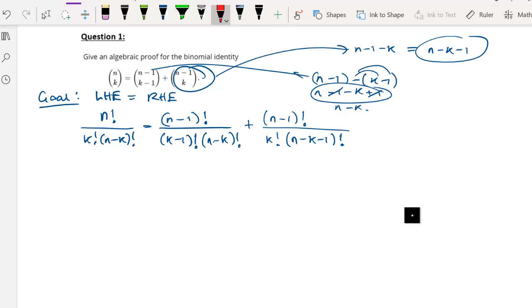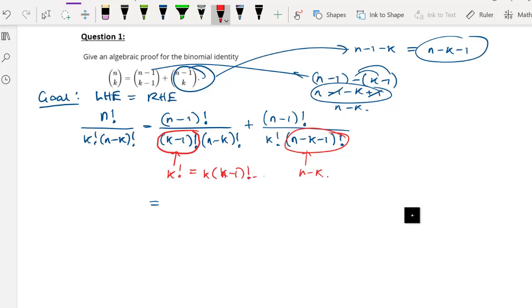So let's highlight our issues. Our issue is this one here. We want that one to be k factorial as well. And we want this guy here to be n take k. So these are the points of difference, and they're the ones that we need to fix. So just working with this right-hand equation for a second. Well, this k factorial needs to be k, and then k take 1, and so on.